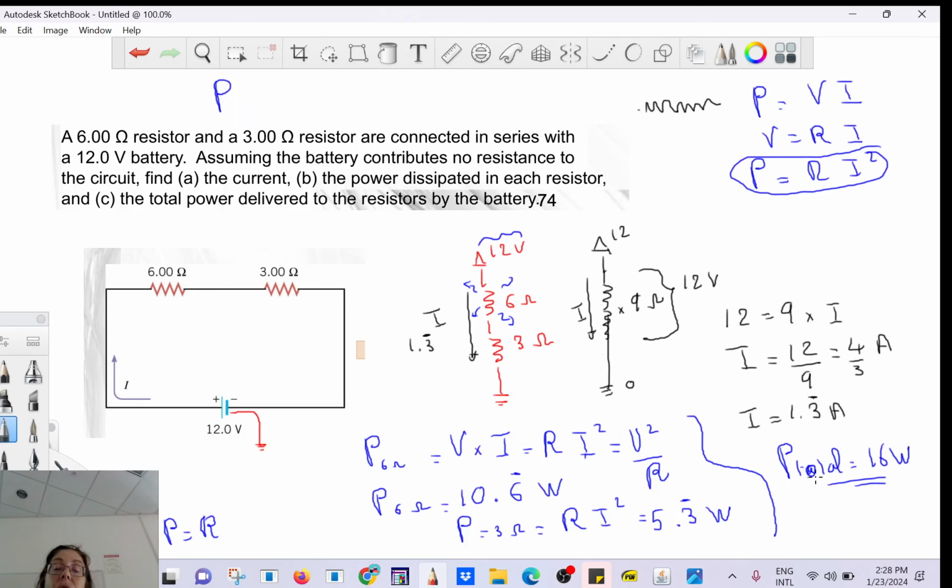So this is consumed and I want produced. So V times I, right? By the power supply, it's going to be 12 times the current, which is 4/3, which is 16 watt. So whatever is produced by the power supply is going to be consumed by the load. Okay?